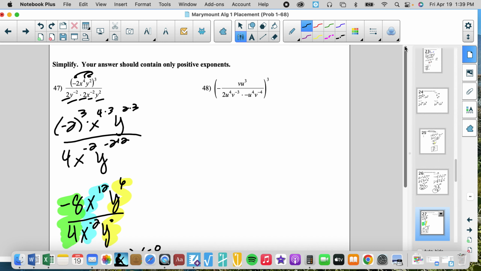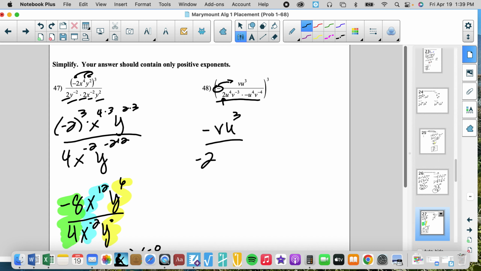Because it would be very difficult, if you wanted to get rid of that exponent first, you would have to distribute it to every single thing inside there, including the 2, including the negative. And that negative, oh, I would have forgotten that negative. So I'm going to simplify this denominator. I'm going to send this negative up there. So we have negative v u to the 3rd over, simplifying the denominator, negative 2.